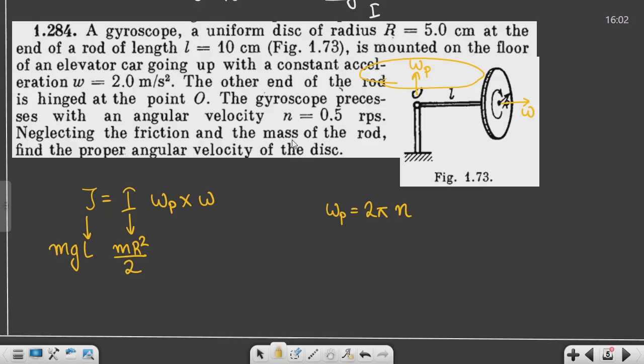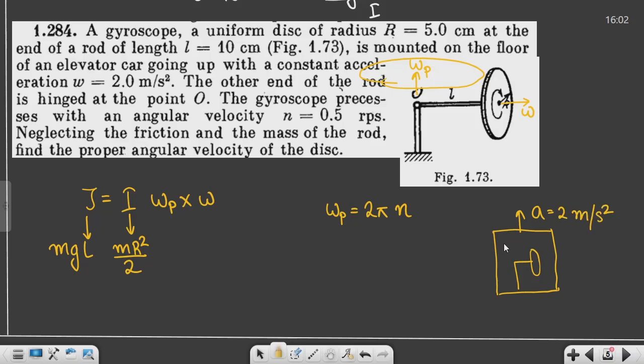Acha, one more thing. This entire setup is kept in an elevator that is moving up with acceleration 2 meter per second square.